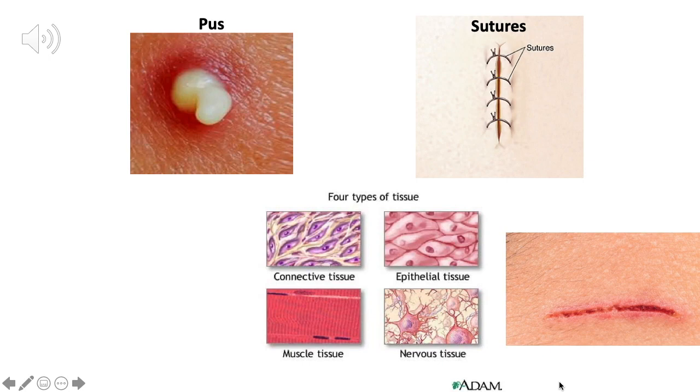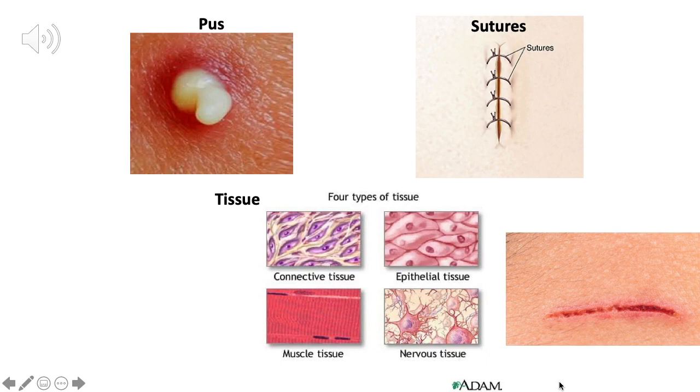Okay, the next picture are sutures. Sutures are stitches that are used to sew up a cut or to sew up that proximity of the skin, okay? The next picture is tissue. We know that tissues make up our cells that make up organs. In this case, our organ is skin, right?